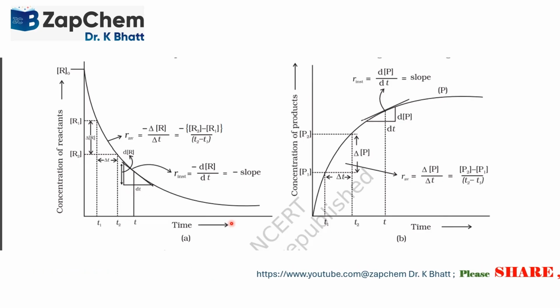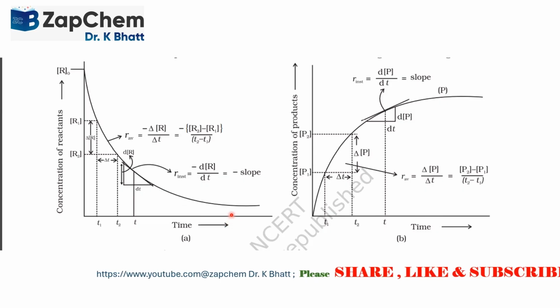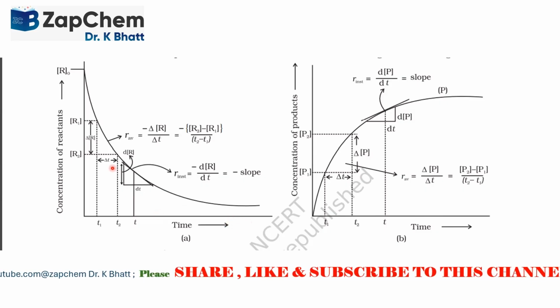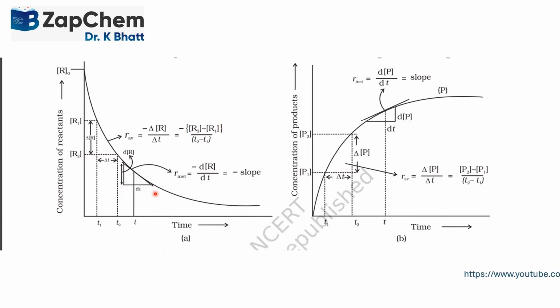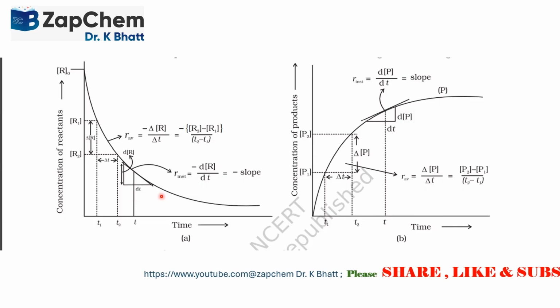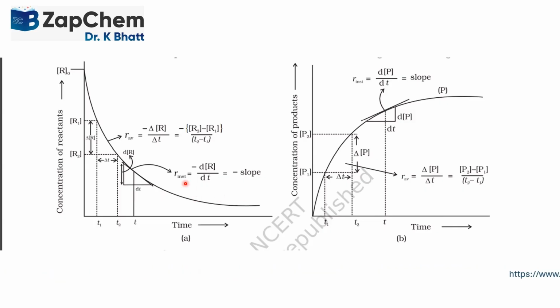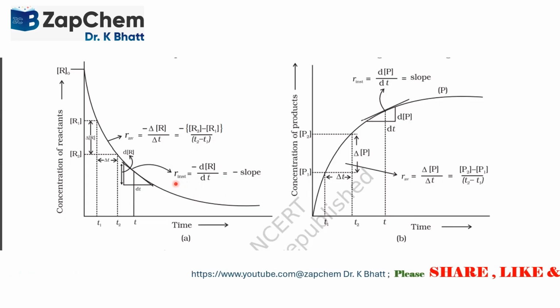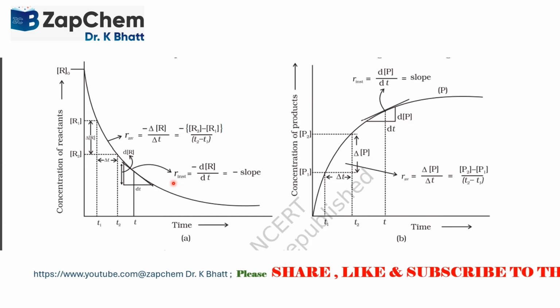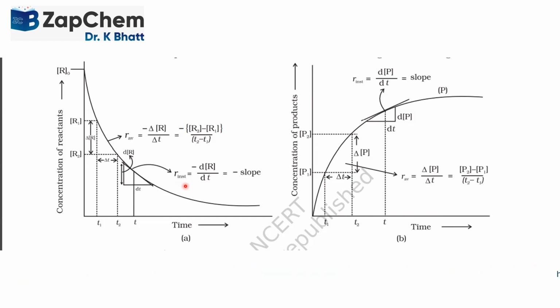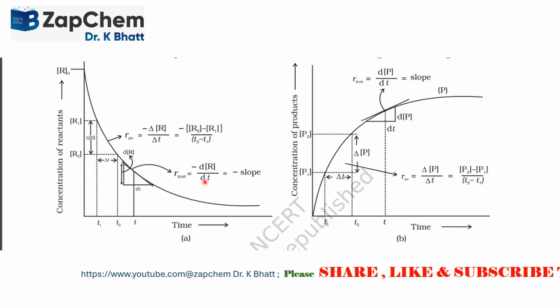At a particular instant of time, suppose the concentration has to be measured, then we have to draw a tangent over this curve, and the slope represents the rate of reaction at that particular moment or instant of time, and therefore we call it the instantaneous rate of reaction, represented as R_inst. Again, please note it is negative in case of reactants, so minus dR by dt.